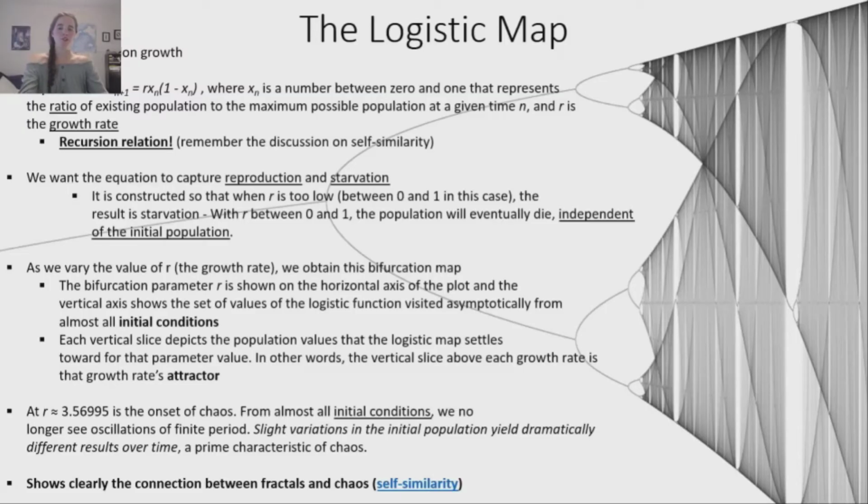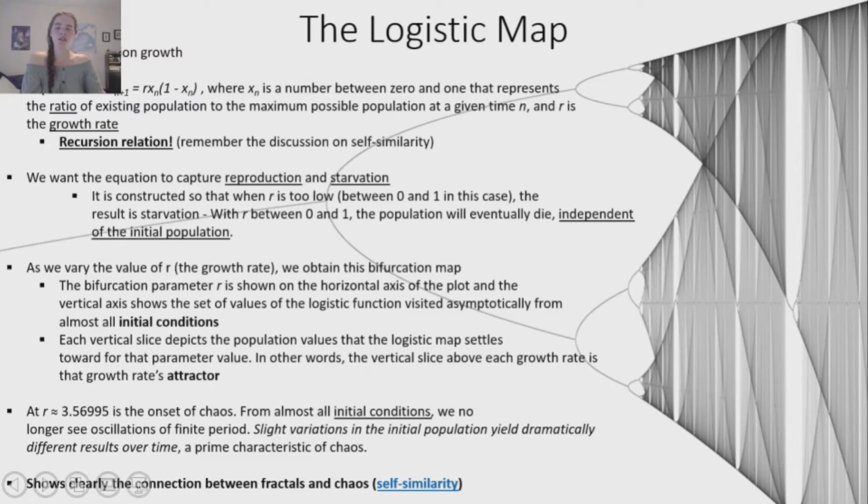So I actually wanted to revisit the logistic map for just a second before I go on to chaos. I'm filming this at a different point in time, after I've edited this whole portion of the video, and I noticed that I didn't really explain how this worked so well. So on the horizontal axis, you have your R values, your parameter values, and then you're looking at the vertical slices directly above the R values.